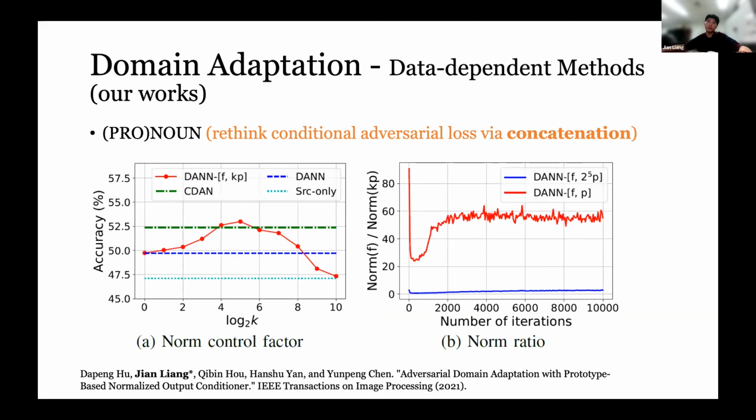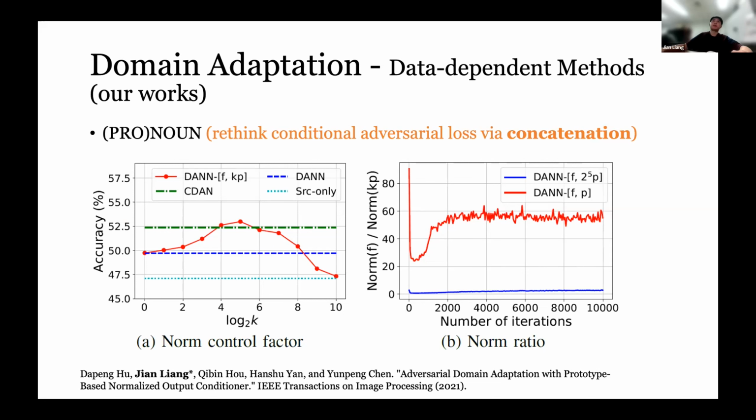In the left figures, we can find that the method is just to concatenate the features and the predictions with a weighting norm before the predictions, k here. We can find that even this simple formulation can outperform the conditional adversarial networks here.